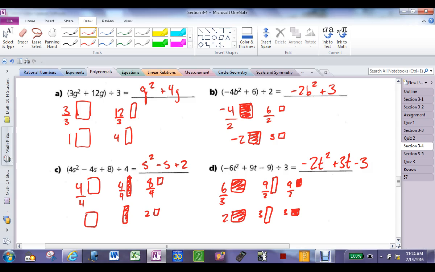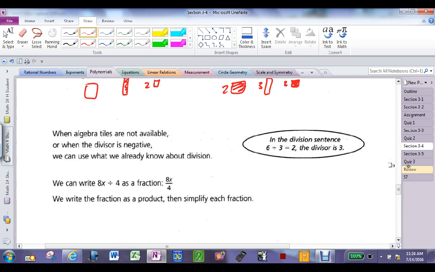All of our divisors have been positive up till now, haven't they? Is it divisor or divisor? Divisor. Now, when the divisor is negative, we can use what we already know about division. Right? So, what do we know about division?